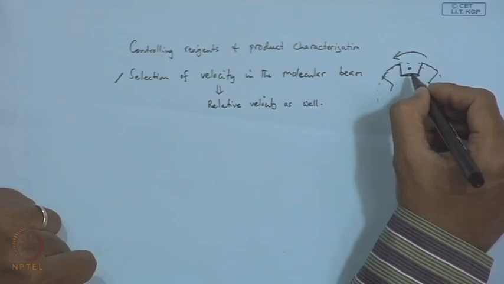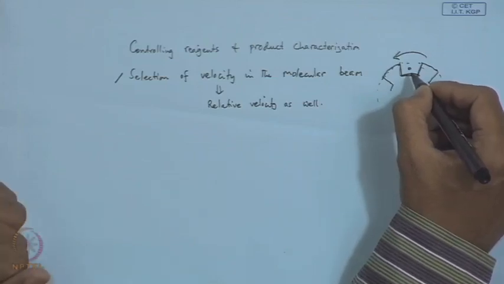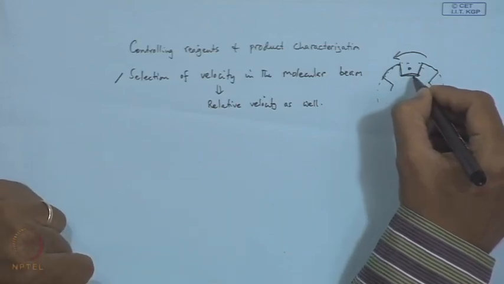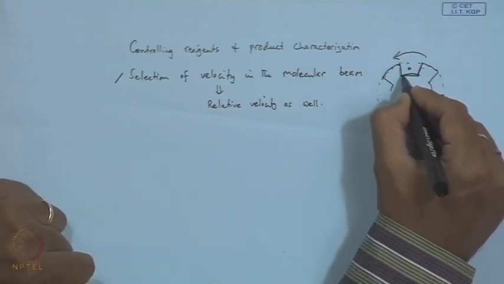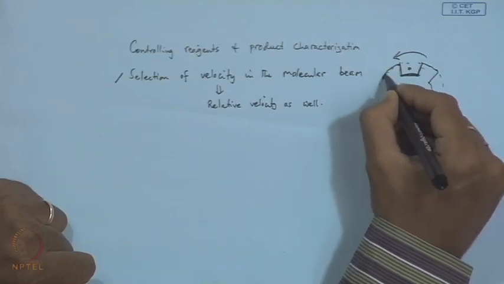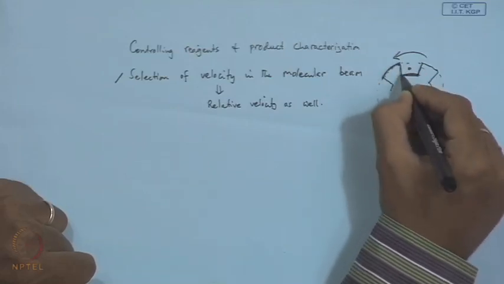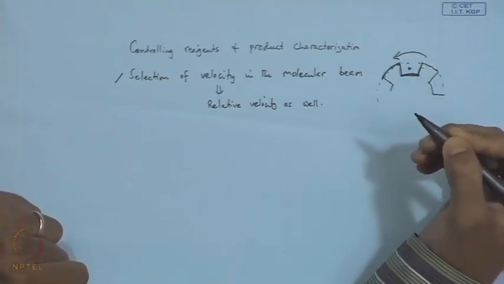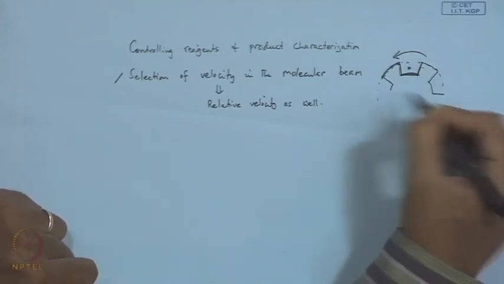So, slower moving molecules you can stop, and you can allow only faster moving ones, or vice versa, depending on your necessity. If you rotate this chopper at a lower speed, then it will allow lower speeds to pass through. So, this way you can select.